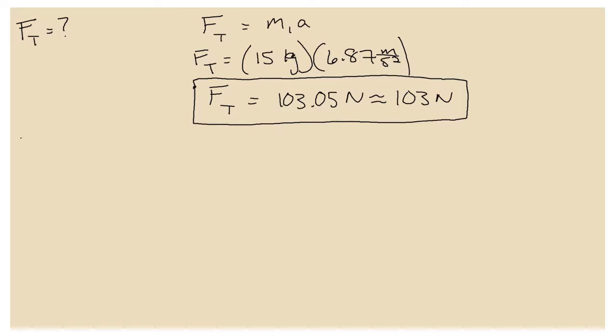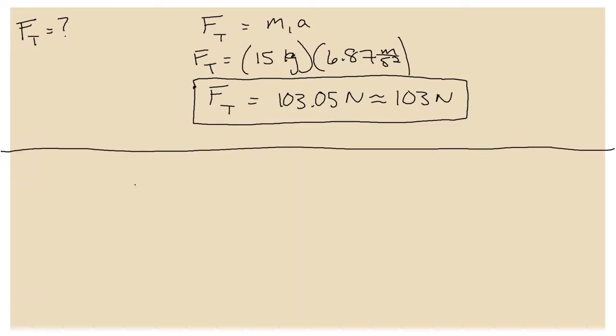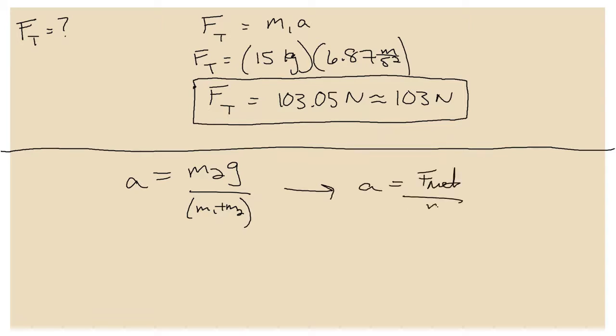Now, let's just take a second to address what I said I was going to address before. A equals m2g over the sum of the masses, m1 plus m2, is taking the form A equals F net over m. And so what that tells you is the F net in this problem is m2g, the weight of the hanging mass.